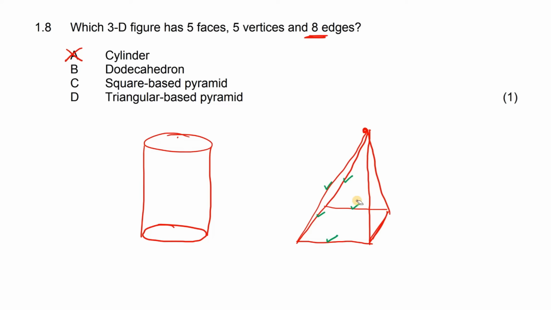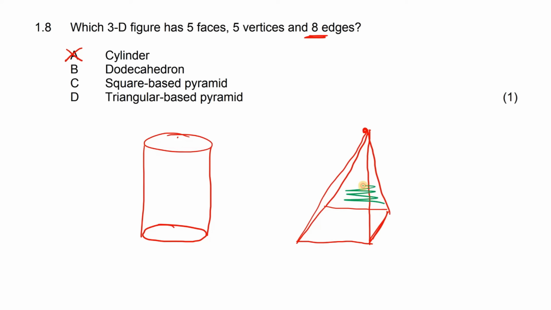Fantastic. Now, let's quickly see how many faces it has. A face is like a side. So we've got this whole side over here, which is 1. Then you've got this one over here, which is 2.